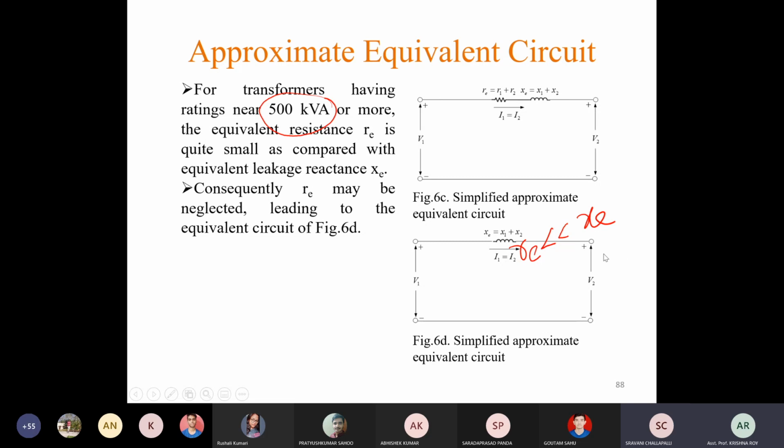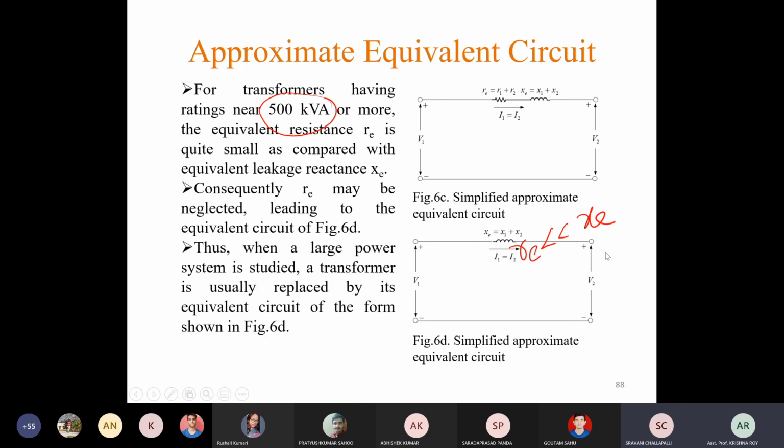This is the most approximate equivalent circuit, and in case of a large power system, while modeling any large power system, we can use this simplified approximate equivalent circuit.